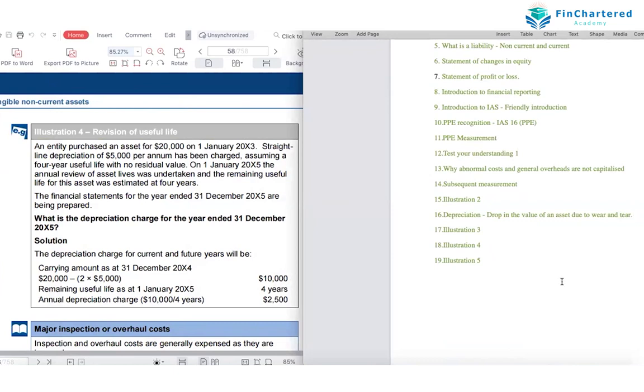And then I explained to you what is major inspection and overhaul. These are those expenses for inspecting the asset, without which you cannot use that asset. Those are major inspections, major overhauls, and they have to be capitalized and depreciated over the life.